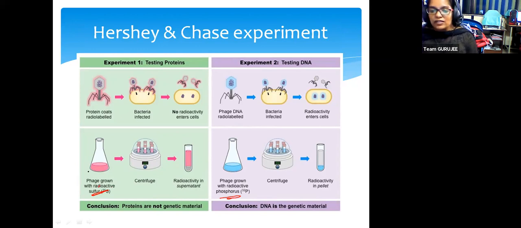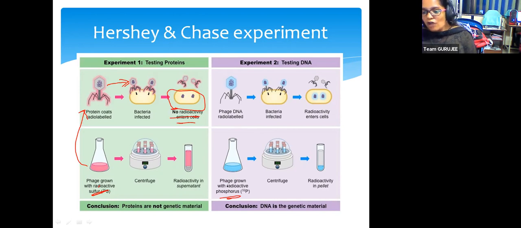The radioactive sulfur will combine only with the outer protein coat. When the virus infects the bacteria, the protein coat won't enter inside. Only the DNA will enter inside. And after seeing the bacterial cells through a microscope, there is no radioactivity inside.